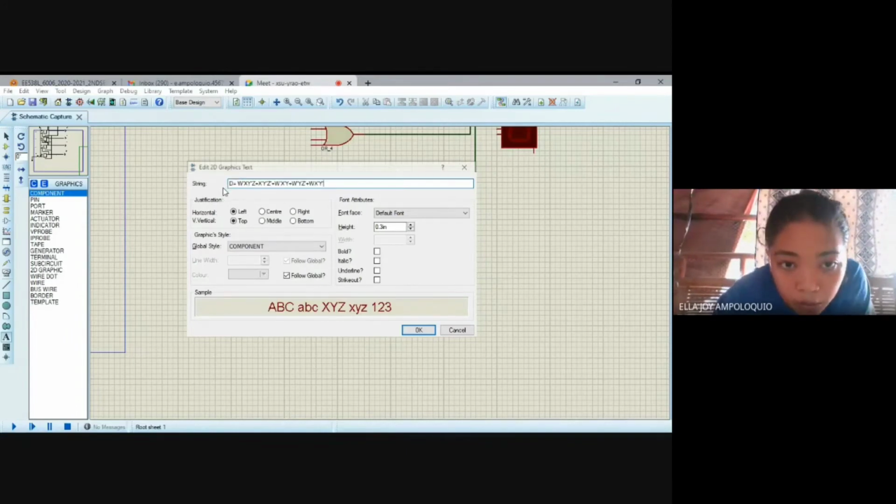So all in all, we have 5 inputs: 1, 2, 3, 4, 5. So W X Y prime Z, W prime X Y prime Z, X prime Y prime Z prime, W prime X prime Y, W prime Y Z prime, and W X prime Y prime.